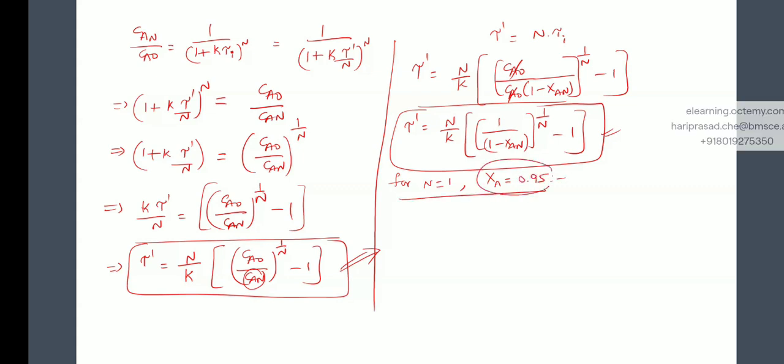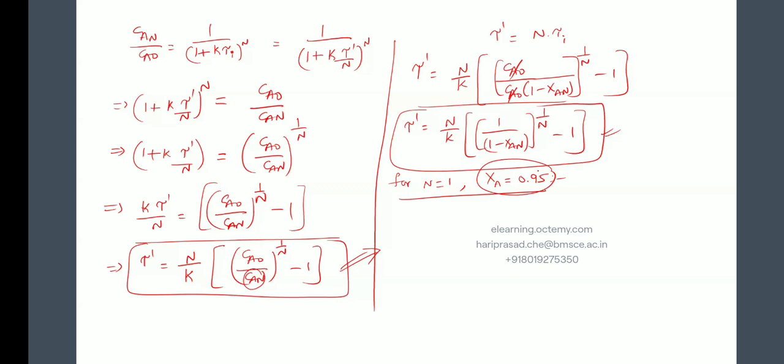In general, I am doing one small exercise about n number of reactors in series. So for the first reactor, n is equal to 1, and I considered Xa is equal to 0.95.